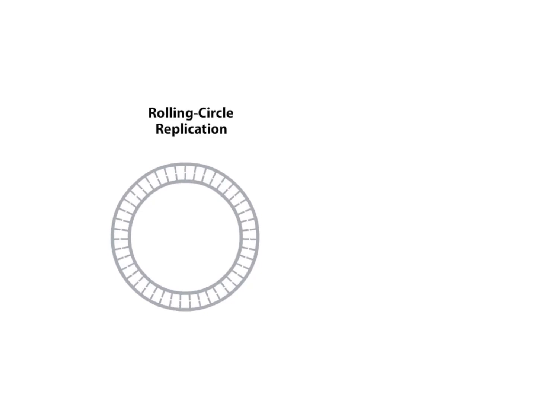In rolling circle replication, a replication initiator protein called Rep-A binds to a section of the double-stranded DNA called the origin of replication, or ORI. Rep-A is encoded by a plasmid gene. Rep-A nicks one strand of the DNA and holds on to the 5' end of the strand.